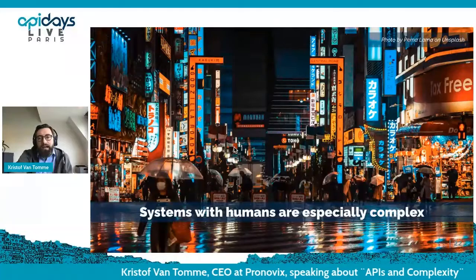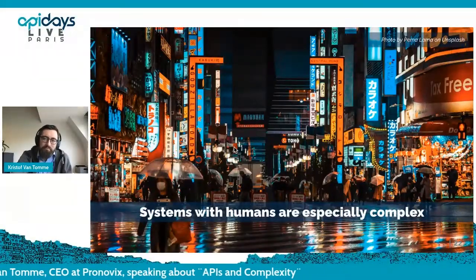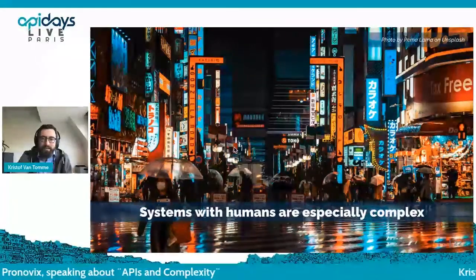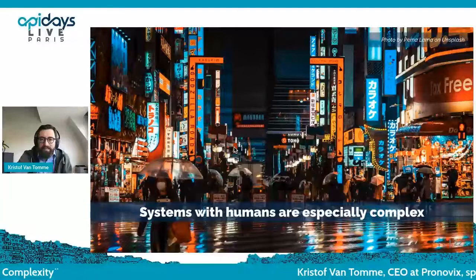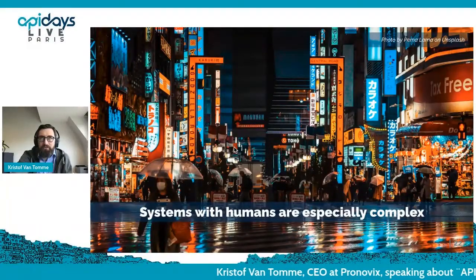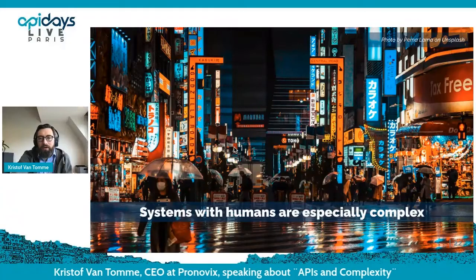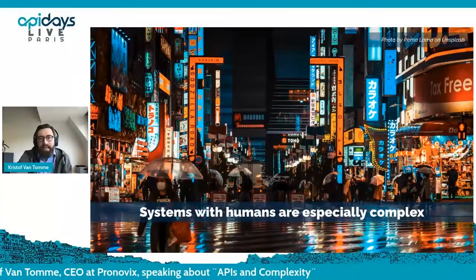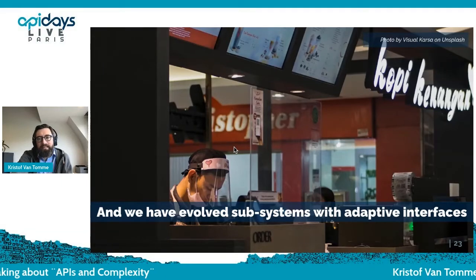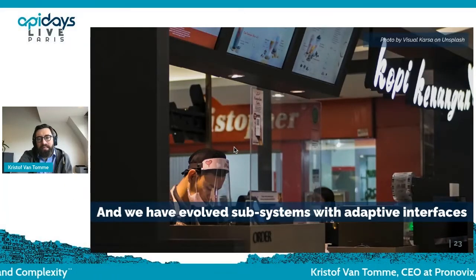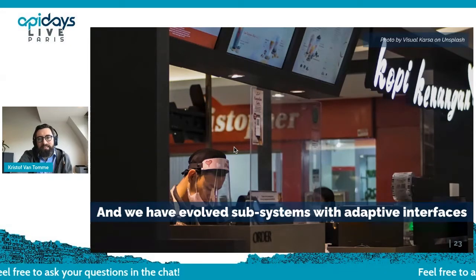And as humans, I don't know if human systems are more complex. Probably it might be a salience factor, but you probably will agree that there's this unpredictableness to human systems, or wherever humans are present. And you probably will have also seen that there are these adaptive interfaces that we are developing in economical settings to help us deal with that.